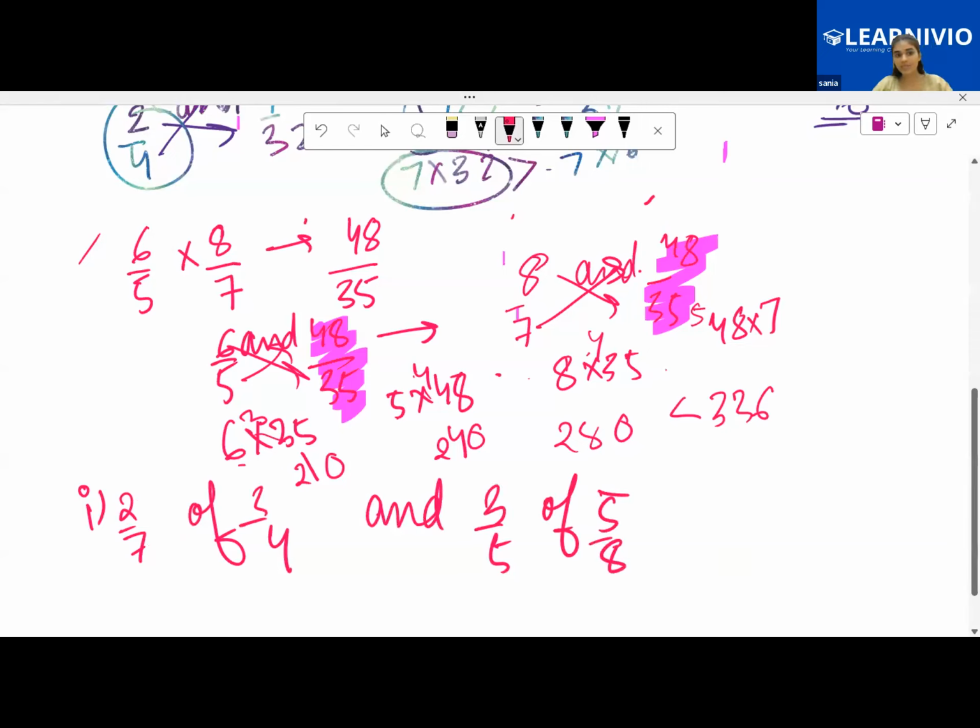So you basically have to first solve this thing, then solve this thing, and then compare the answers. The first one is 2 by 7 of 3 by 4, and the second is 3 by 5 of 5 by 8. Please solve this and tell me, are you able to do this thing?